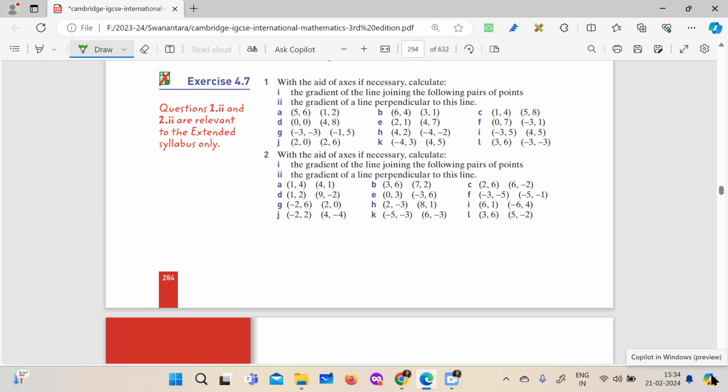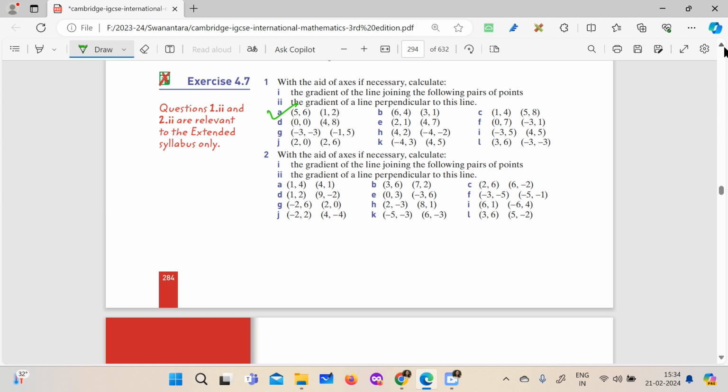Here, with the aid of axes if necessary, calculate the gradient of the line joining the following pairs of points, and the gradient of a line perpendicular to this line. First you have to find the gradient of the given points, and then you have to find the gradient of the perpendicular line.